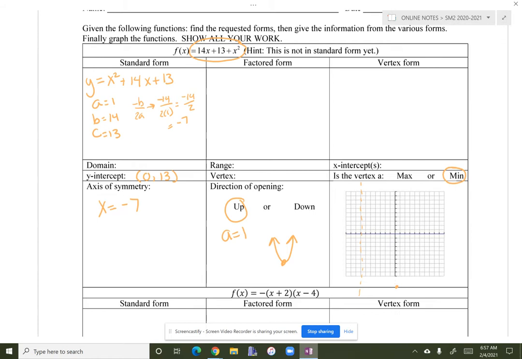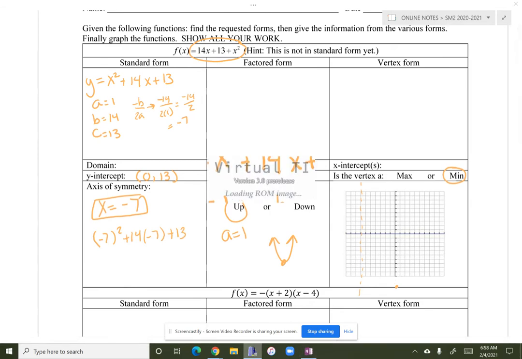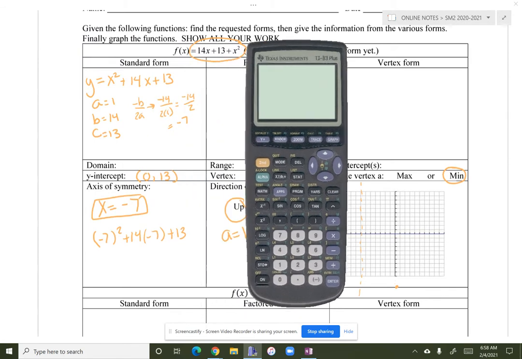So, next thing we are going to do is find the y value that goes with the vertex. So I'm going to take negative 7 and I'm going to plug it into the equation. Okay, I'm going to grab my calculator and I'm just going to plug that in exactly how it is, or I can try to do it.